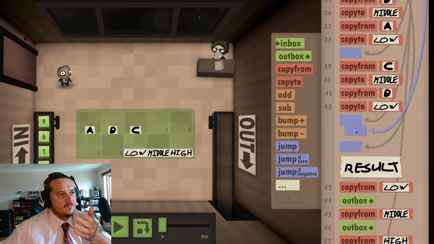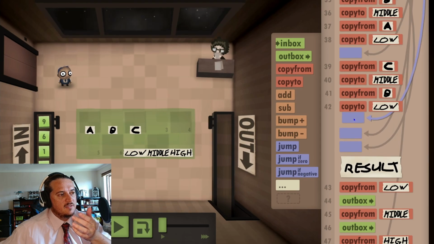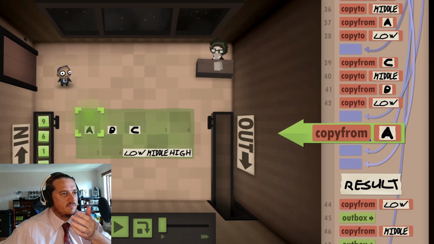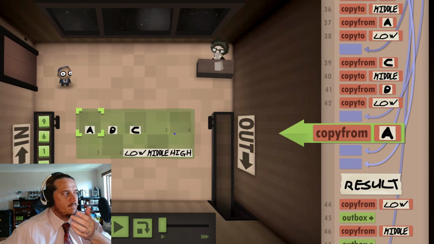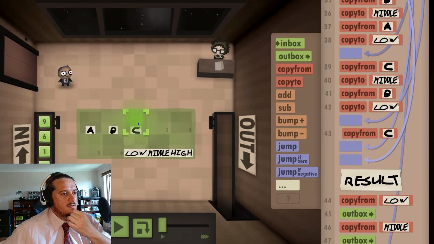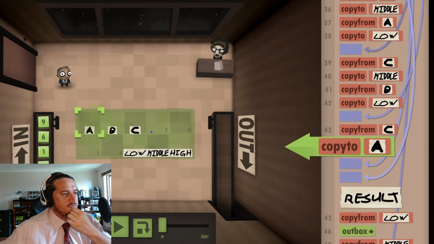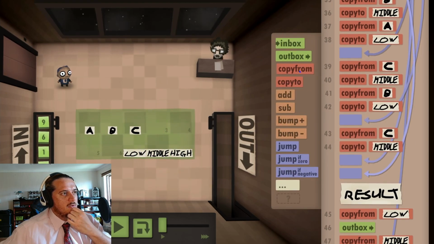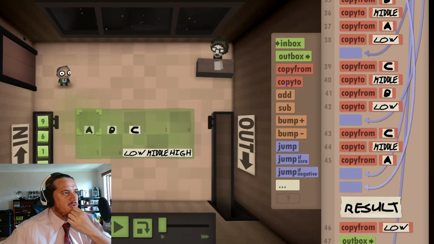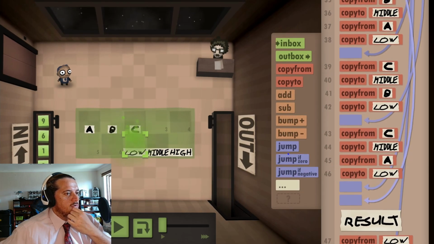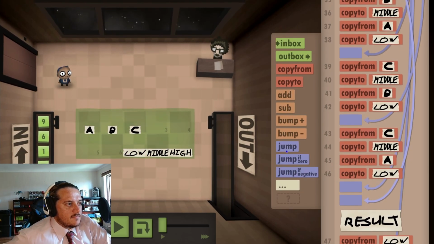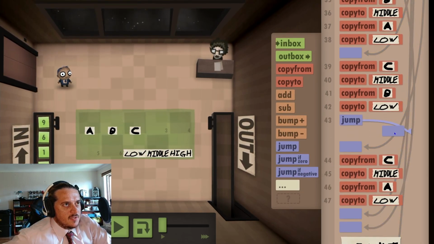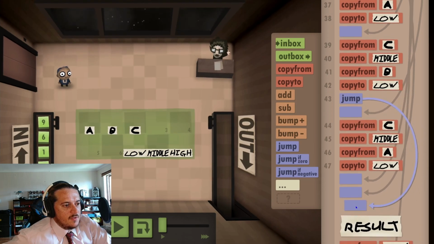So then I need to do another one down here. And we copy from C, copy to middle, copy from A, copy to no. Jump. So that jump takes me to thing.